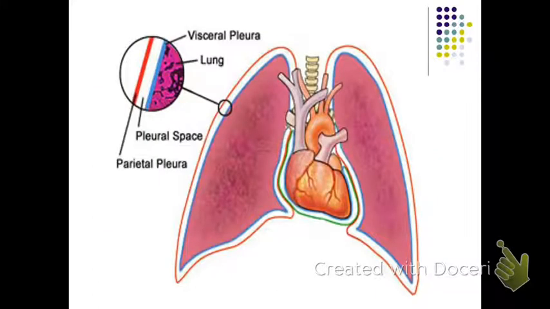So as you can see here in this image, we have our visceral pleurae represented by this blue line right here, and that helps adhere to the lung, in addition with this pleural space with the parietal pleurae all encompassing the lung. And so within this area, we have to have a negative pressure.